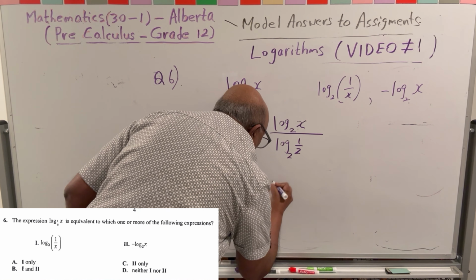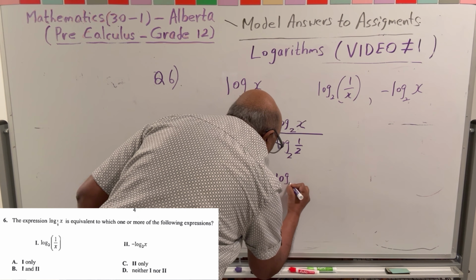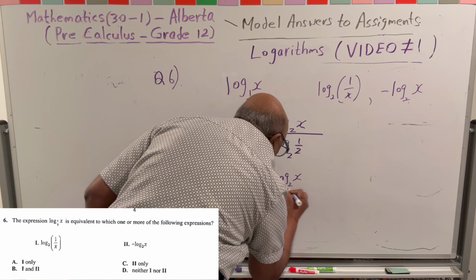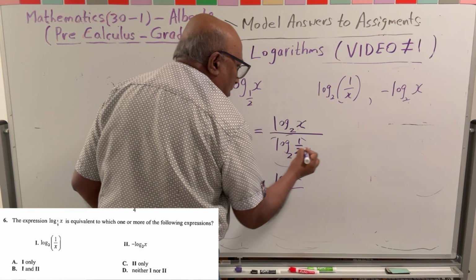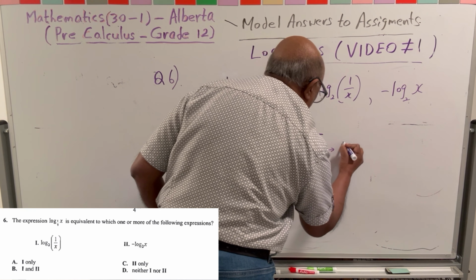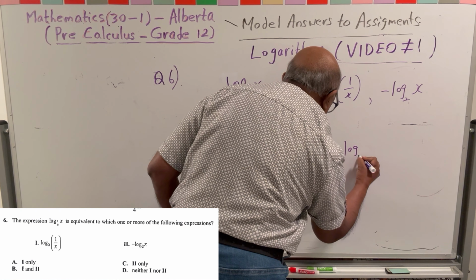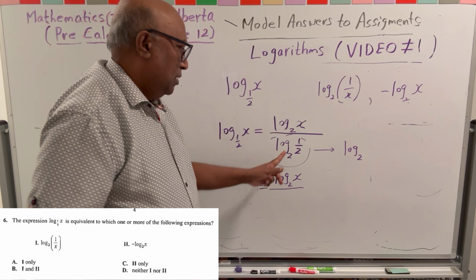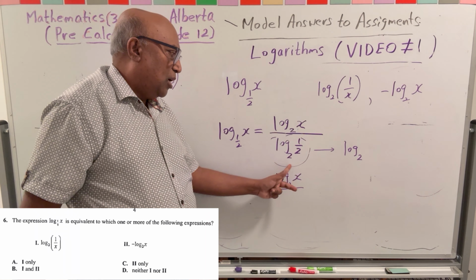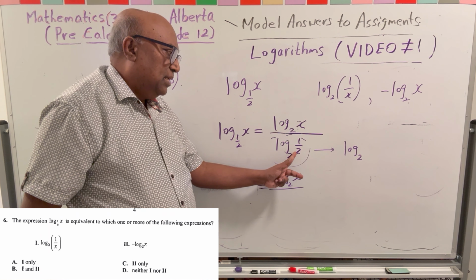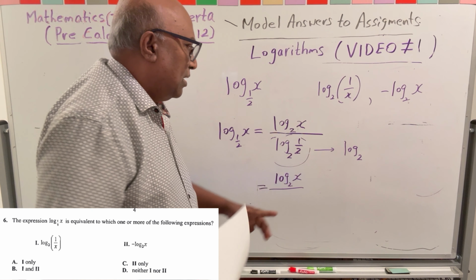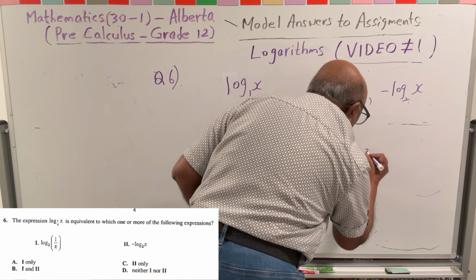Okay, now what's this value? Log 2 x divided by, what is this? This is equivalent to log 2 of 1/2. Now I am going to show you how to find this value. Log 2 of 1/2: instead of 1/2, I can write 2 to the power of -1.